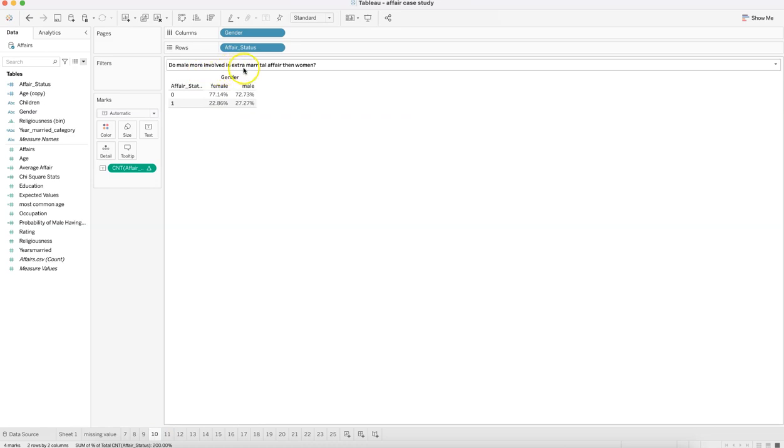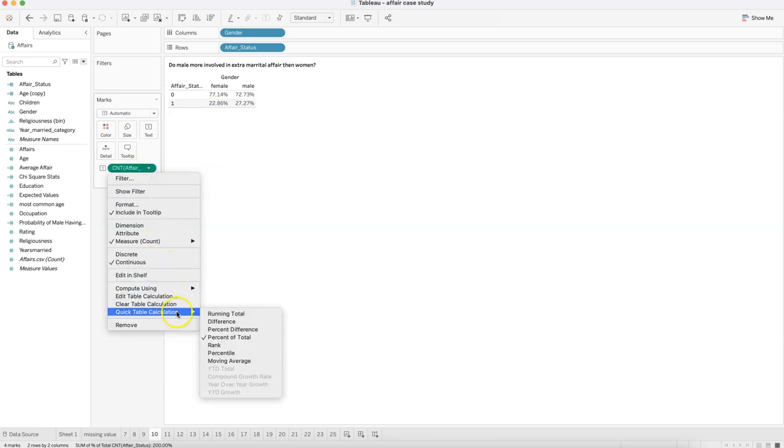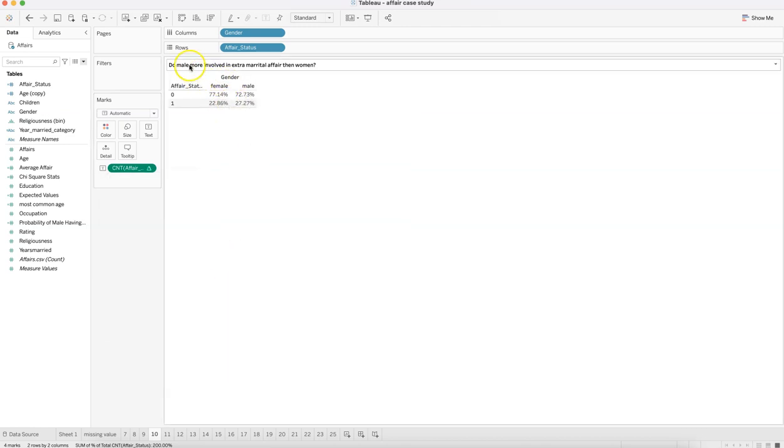Do male more involved in extramarital affair than women? Well, for this again we have created gender in the column and affair status 0 and 1 by taking this affair status. If you remember, this is the column we created, and we have taken the count of affair_status, and over here we have taken the computation percentage of total and table down, because what we are showing is, do male more involved in extramarital affair.